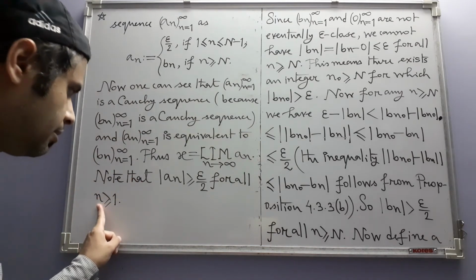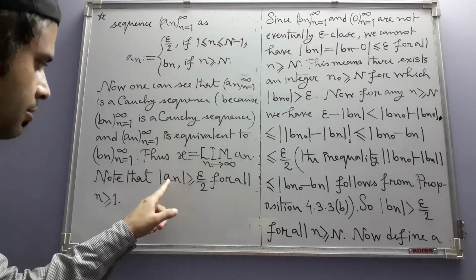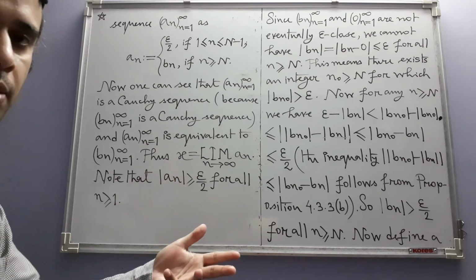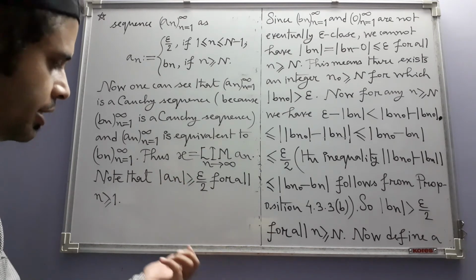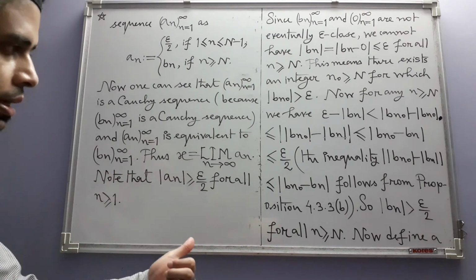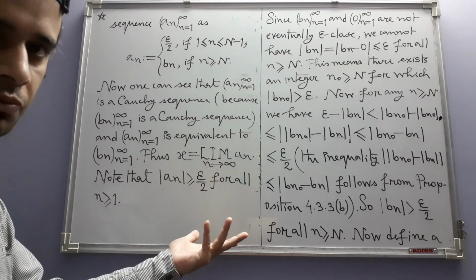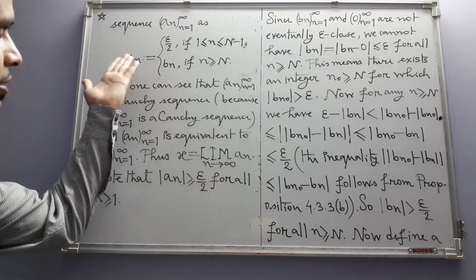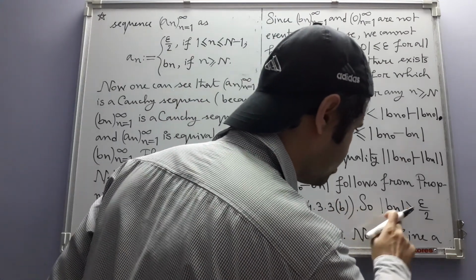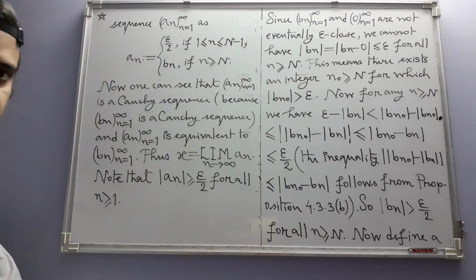If n lies between 1 and capital N minus 1, then the absolute value of an is equal to epsilon by 2, because all such terms are equal to epsilon by 2. And if n is greater than or equal to capital N, then the absolute value of an becomes the absolute value of bn, because that's how we defined an. And we have already proved that the absolute value of bn is greater than epsilon by 2 for such choices of n.